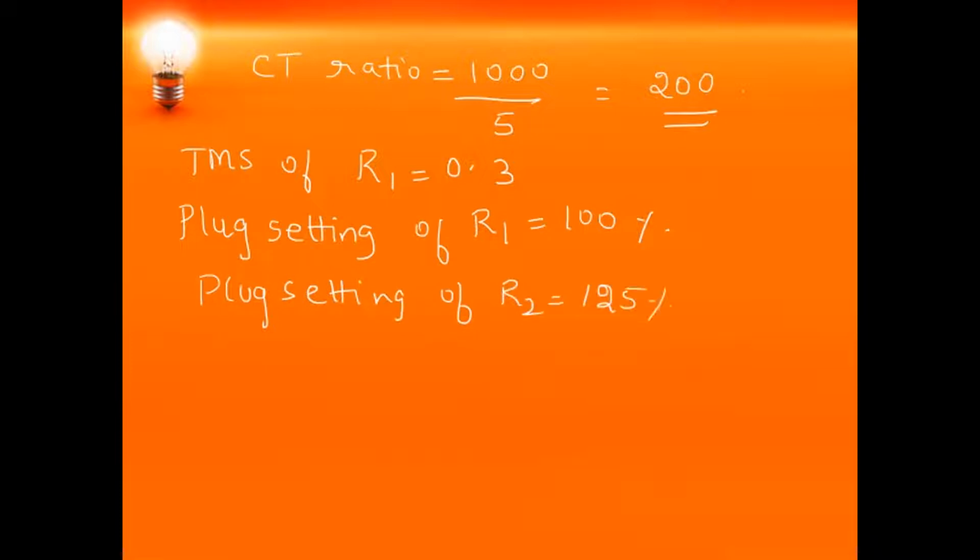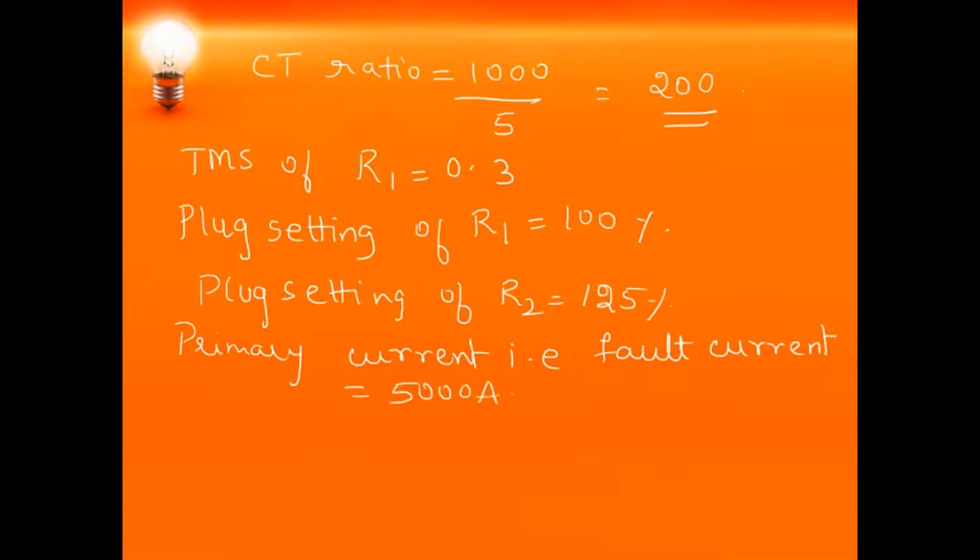That means relay R1 will operate if the current exceeds 100% of the rated current, relay R2 will operate if the current increases to 125% of the rated current, and if relay R1 fails to operate, then relay R2 has to operate. They have given a discriminative margin of 0.5 seconds and the primary current, which is the fault current, is 5000 amperes.